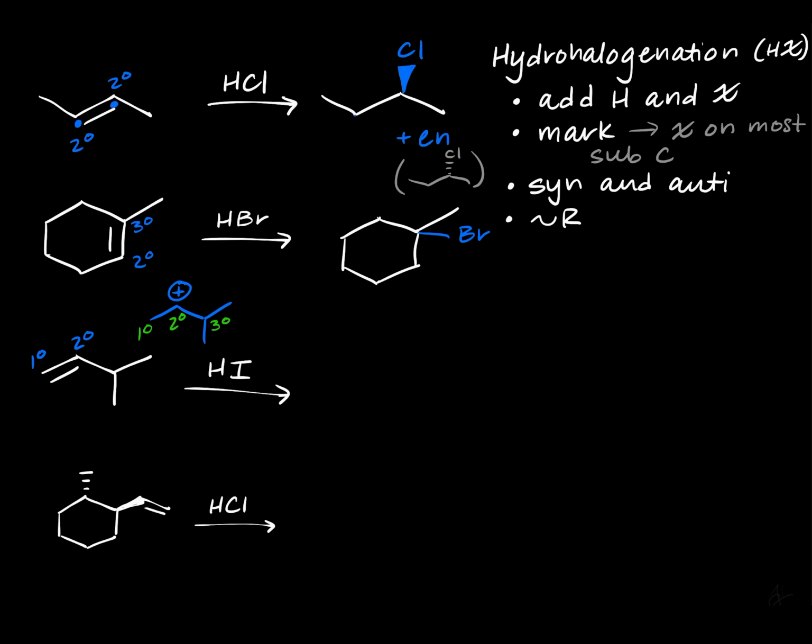And particularly, not only that, but will rearrangement give me a more substituted carbon? So I can rearrange to only my neighbors, not over here or here. We're just going to do 1,2 shifts for the purposes of this class. So we'll look at our neighbors just like we did in this procedure earlier, and we say that, okay, indeed, I have a tertiary carbon that is more stable than my secondary carbon. So I can do rearrangement.